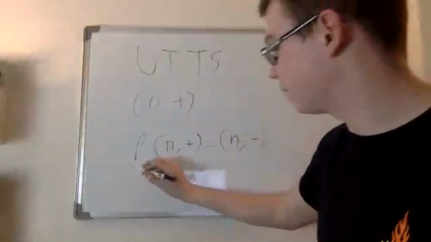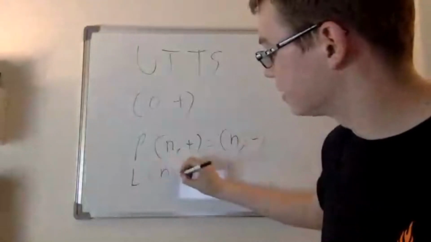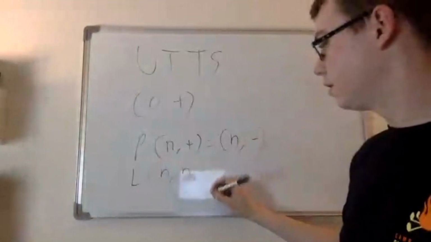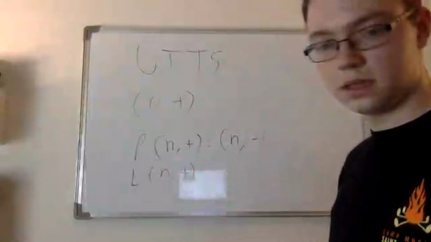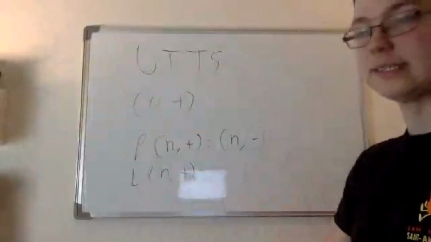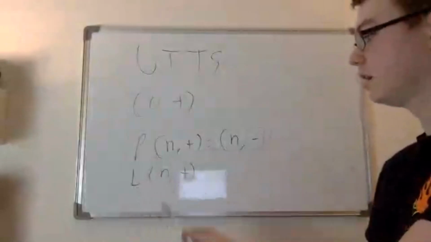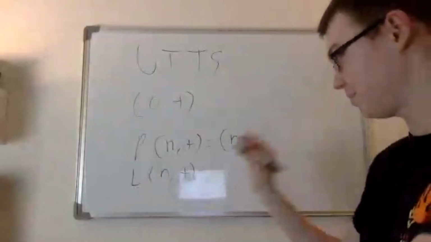Same thing, if I apply L on n, the L transformation turns C major into E minor. So it turns a major chord into a minor chord that is 4 semitones above it.